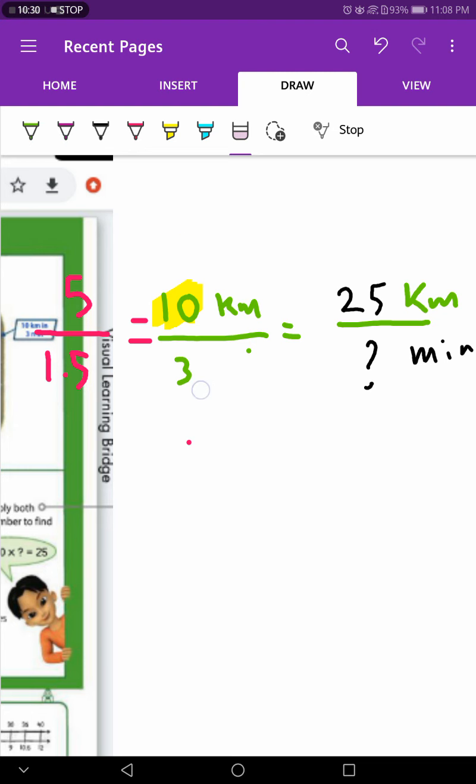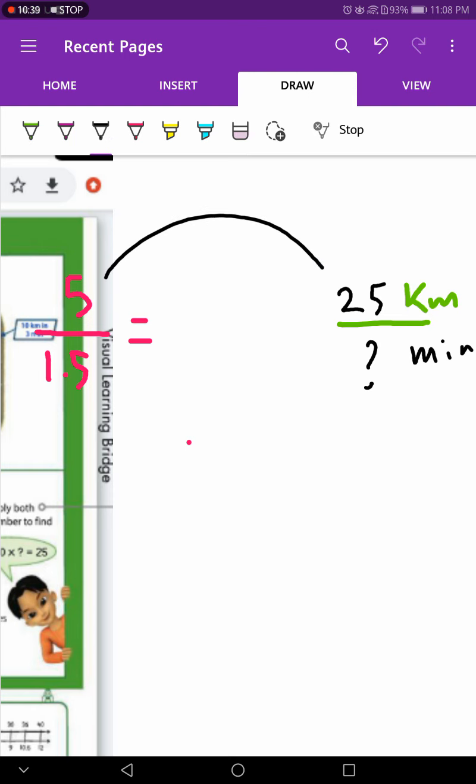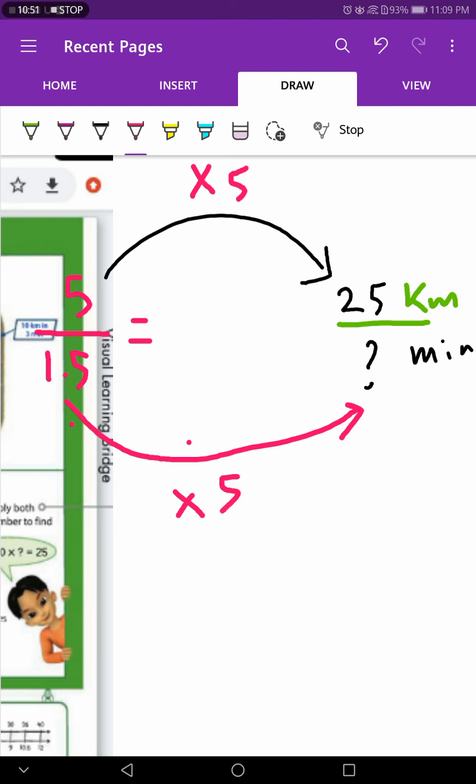Okay, you erase this, we don't need it now. And ask the famous question: how does the 5 become 25? It is easy now, it is multiplied by 5, and because up it is multiplied by 5, I multiply down by 5. Now 1.5 multiplied by 5. Teacher, I don't know how to multiply. Let us remind ourselves.